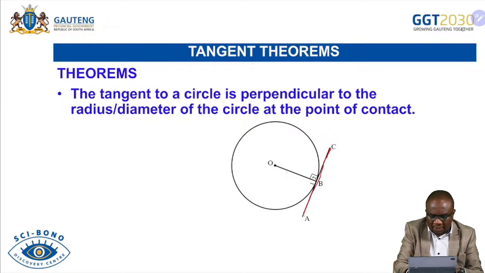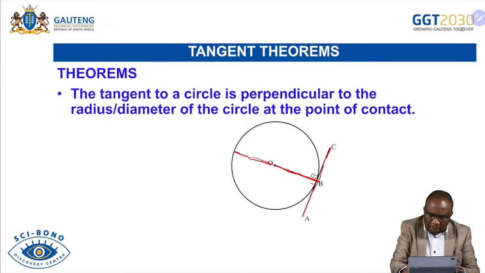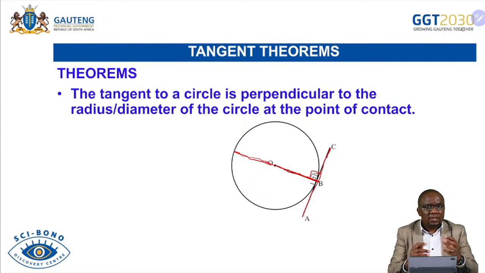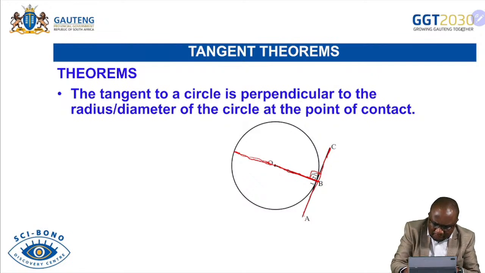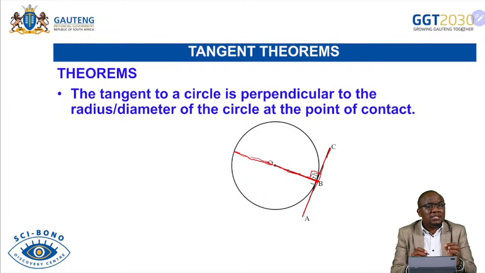It is perpendicular to the radius. You see, this is the radius or the diameter. I can extend this and make it a diameter. It is perpendicular. These two things are perpendicular to each other, the radius and the tangent. Remember what a tangent is. A tangent touches the circle at one point.